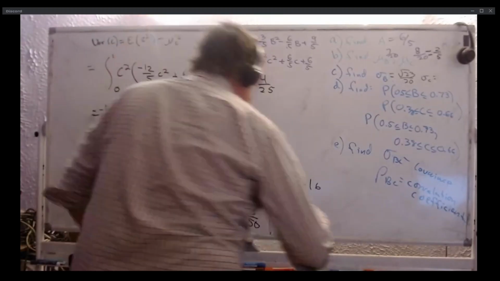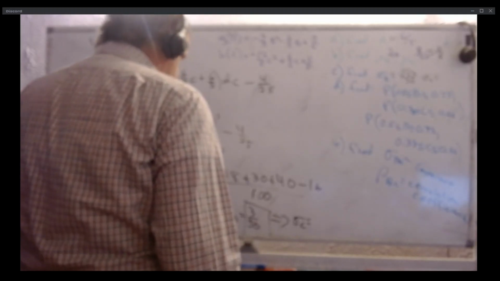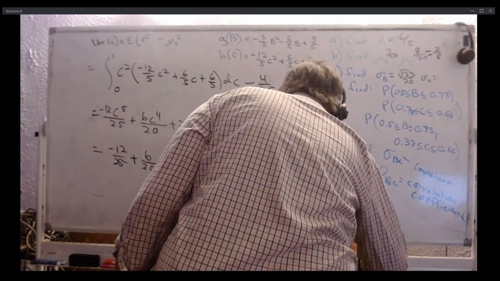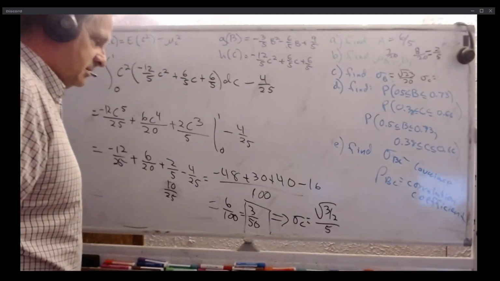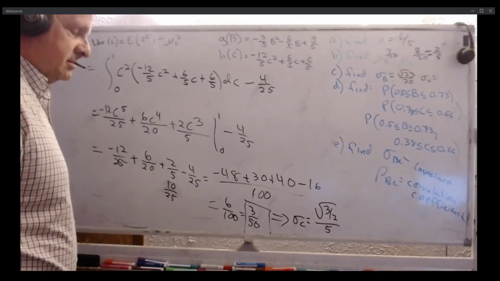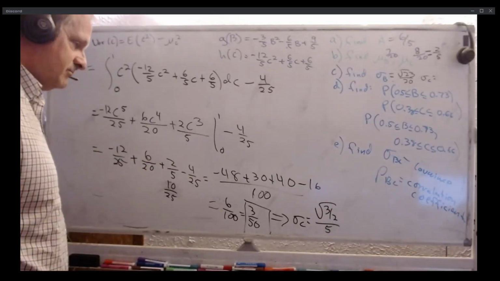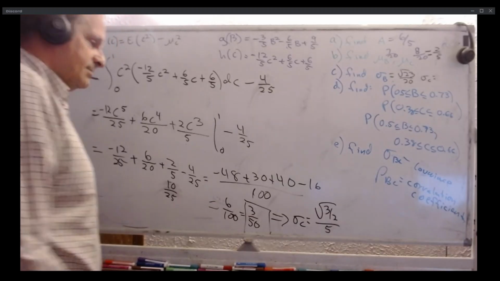This number implies that sigma C equals square root of 3 over square root of 2, I think. Somebody make sure I'm right on that. Yeah, that's what I had. Okay. And if you don't like that, just make it square root of 3 over 5 radical 2. Yeah, that's how I wrote it.